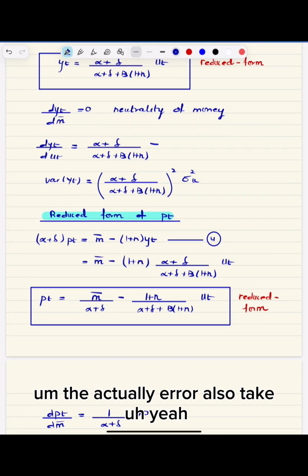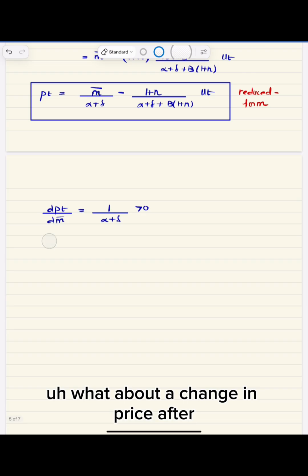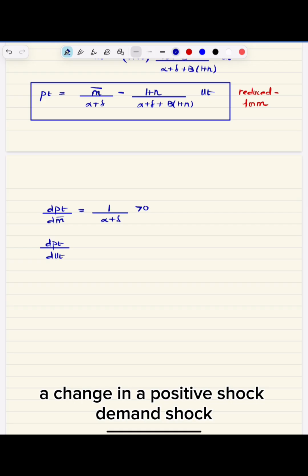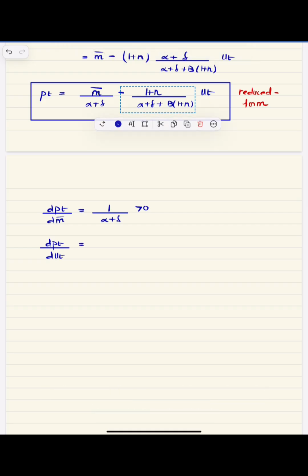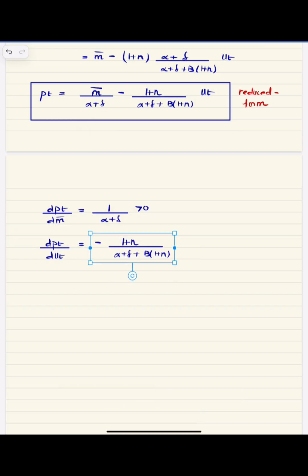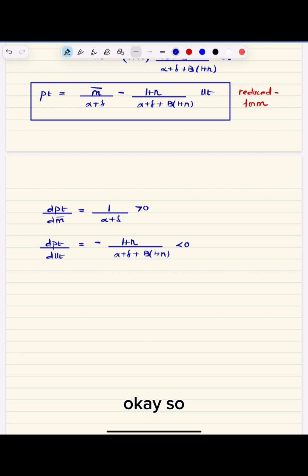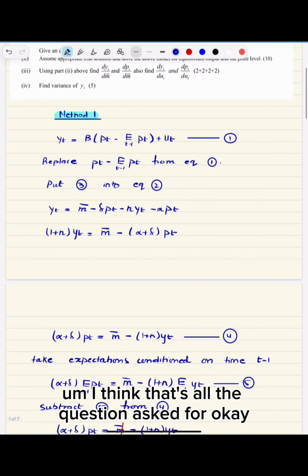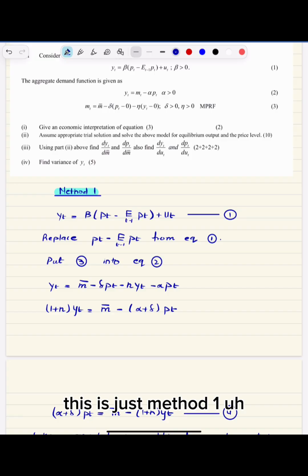What about a change in price after a positive demand shock? This leads to a negative relationship. Okay, so I think that's all the question asked for. Okay, this is just method 1.